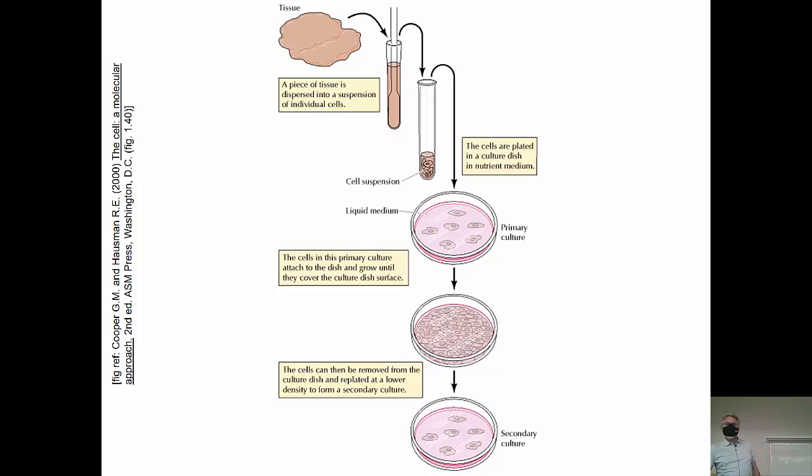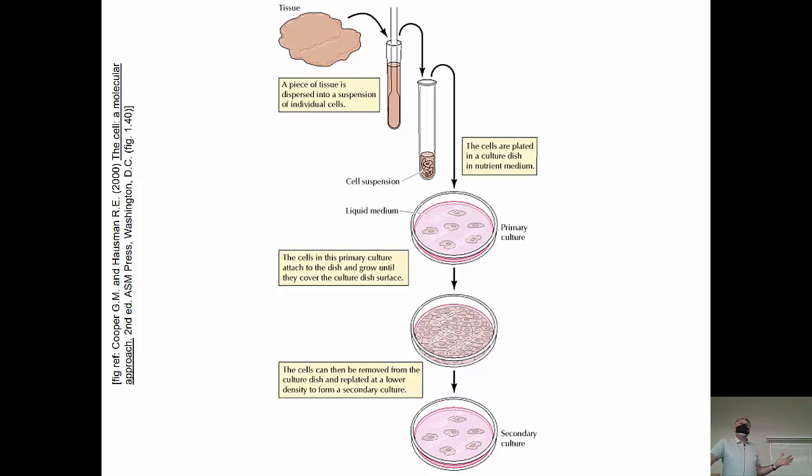Once those cells grow, as can be seen in the second plate from the bottom, they're now a monolayer. These aren't going to grow anymore. You can take some of those cells off the plate. So you basically have to treat them so they come off of the plate, and then put them on a new plate, and now from this point forward, you've established a secondary culture.